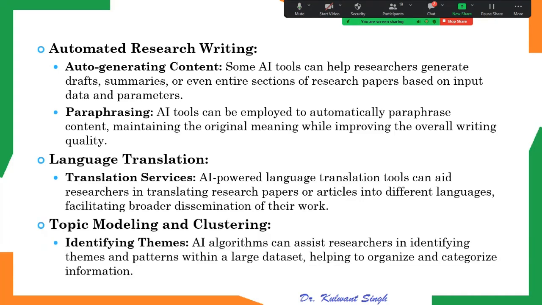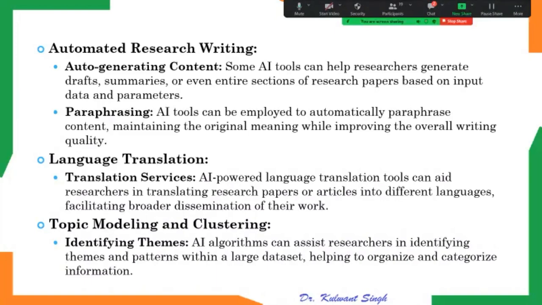Next is topic modeling and clustering. Under this heading, the AI tool can assist the researcher in identifying the themes or patterns within a large data set. That practice would help the researcher to organize and categorize the information in different subgroups. Because sometimes when we are selecting the research methodology or the particular design, then how to set the particular pattern is difficult.